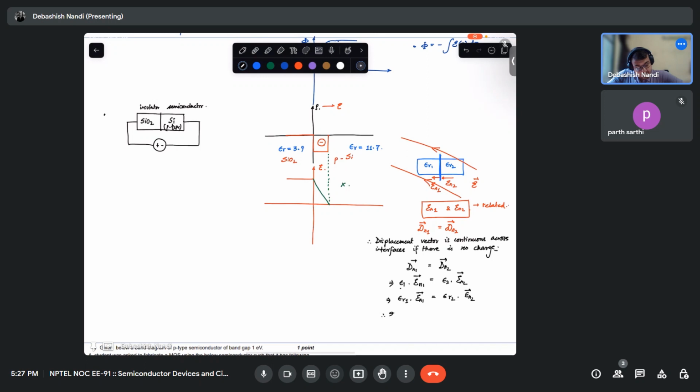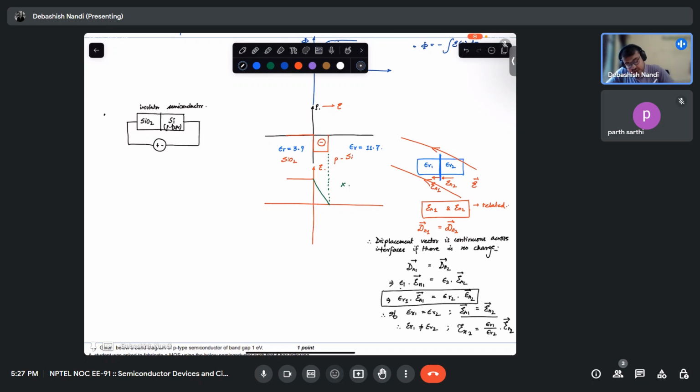If epsilon r1 is equal to epsilon r2, then at the boundary the continuity of the normal component of the electric field will be maintained. Otherwise, epsilon r1 is not equal to epsilon r2, so En2 will be epsilon r1 over epsilon r2 times En1, right? This equation will hold.